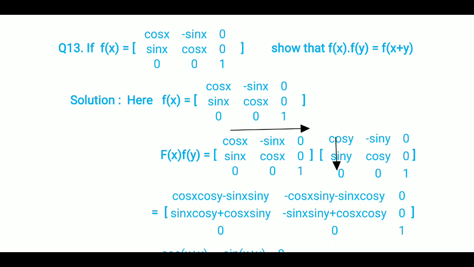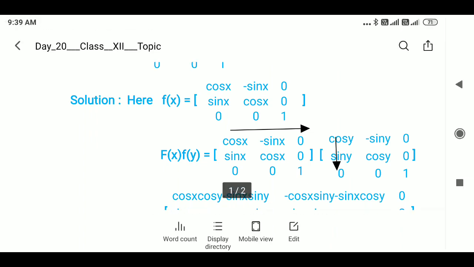Now row 1 will be multiplied correspondingly with column 3. That will become cos x into 0 plus minus sin x into 0 plus 0 into 0. So that becomes totally 0.